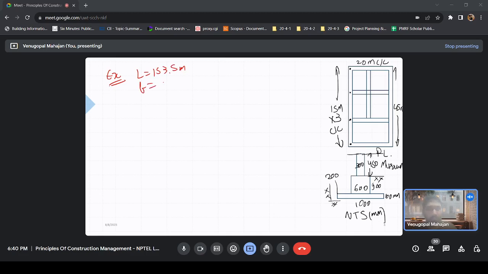We have got breadth is equal to 1 meter plus 0.2 into 2, 1.4 meter. What about the depth? We have got depth is equal to 900 plus 100, 1000 mm, 1 meter. So can you get the volume here?